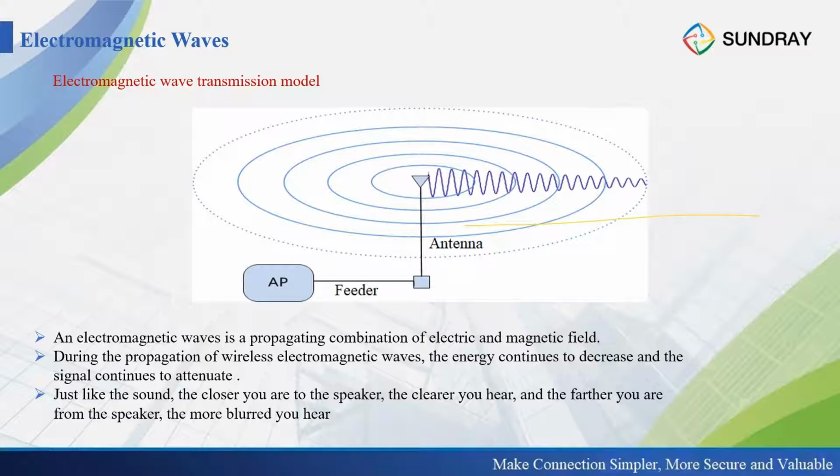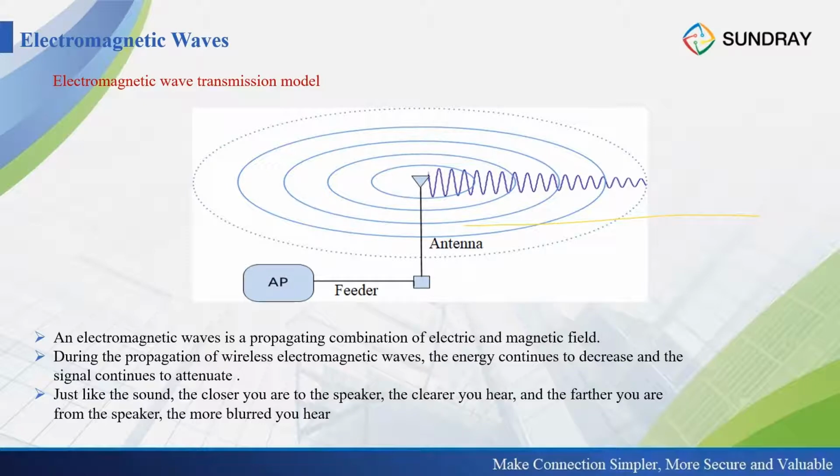It's a combination of electric and magnetic fields. The electric field generates the magnetic field and the magnetic field generates the electric field. These two work together and generate the waves. So the wave is a kind of energy that is transferred to another place.